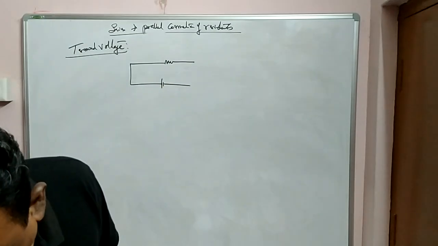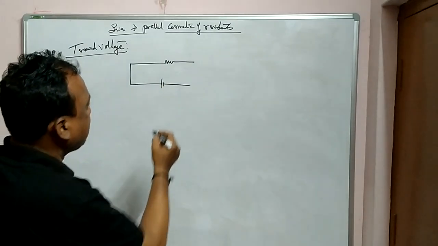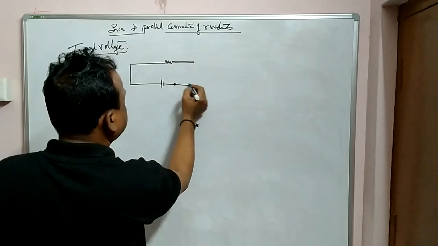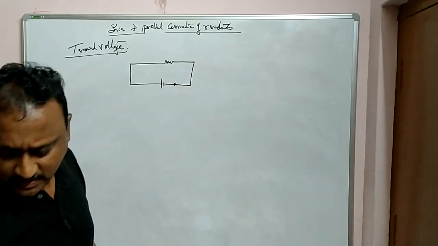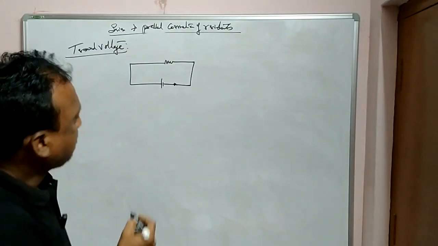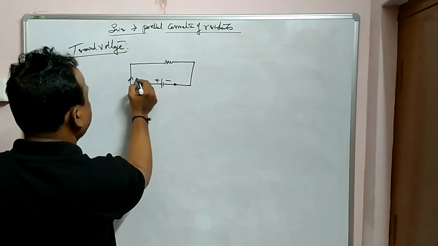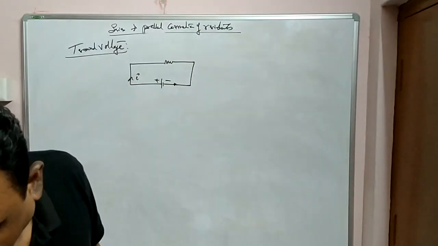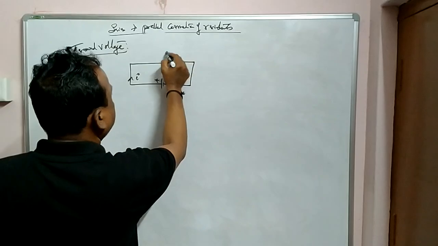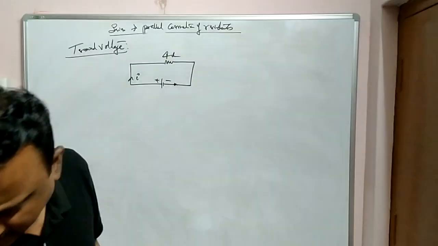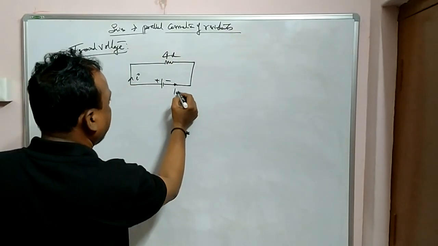Some battery, and for example, it has some internal resistance. Here, plus minus, current is flowing. Take some value for this one, some 4 ohms. Like internal resistance, take some value, 1 ohm.